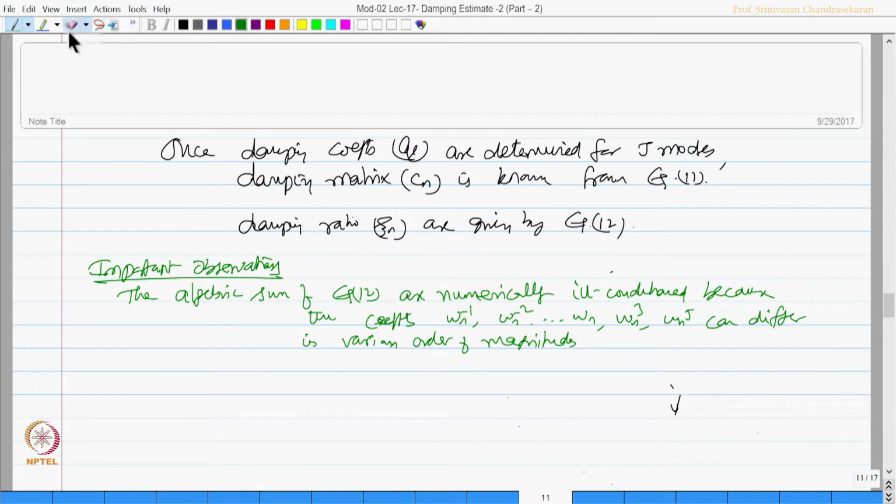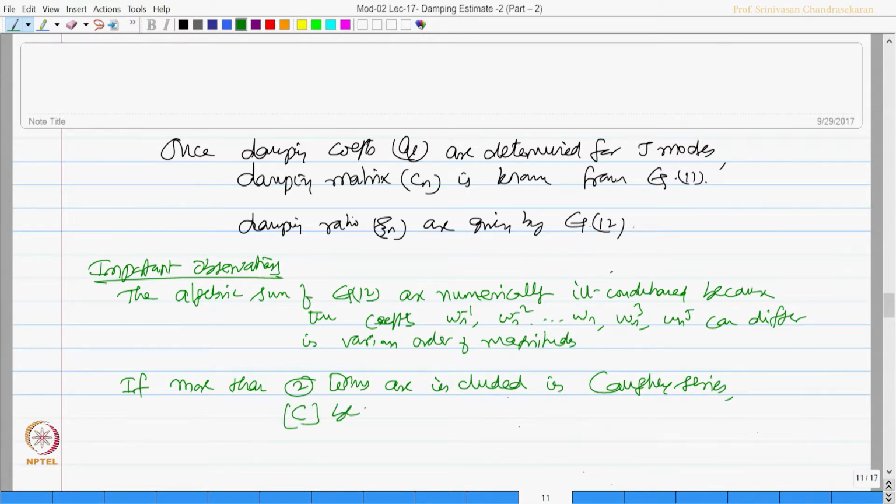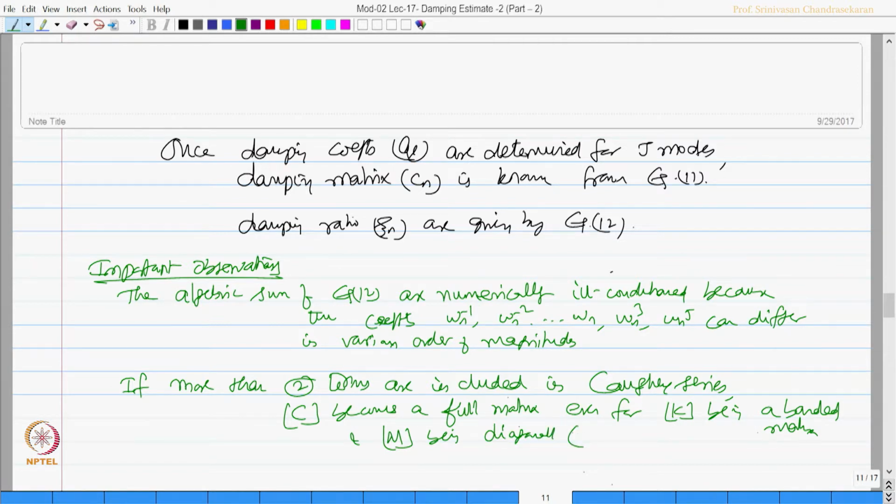Now, how to address this issue? If more than 2 terms are included in Caughey series, C becomes a full matrix, even for K being a banded matrix and M being diagonal because mass is lumped.